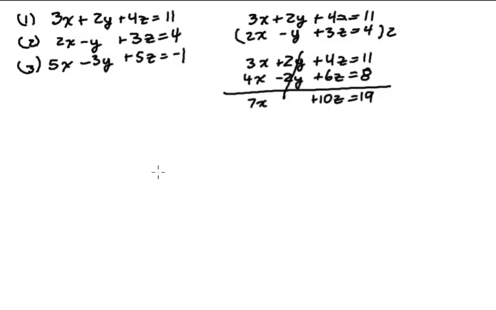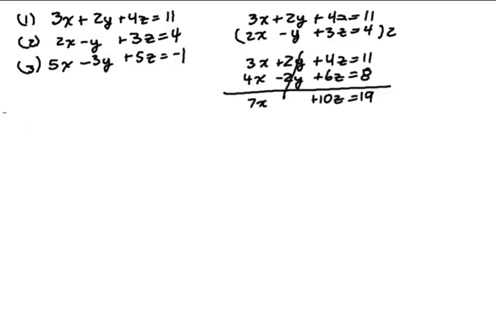Now, I'm going to take the third equation, and I can combine it with either the second equation or the first equation, but I want to eliminate the same variable. I want to eliminate the y. So looking at the bottom equation, it'll be easier to use it with the second equation to eliminate the y.